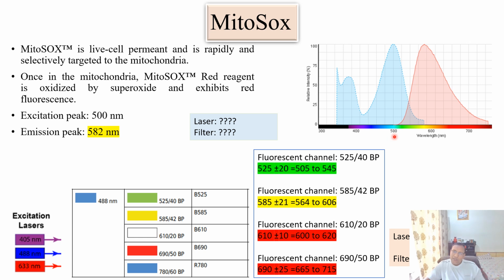After excitation, emission will happen. This color is the emission wavelength, ranging from about 500 to 750 nanometers. After the excitation of MitoSOX, it emits fluorescent light of wavelength ranging from 500 to 750 nanometers.